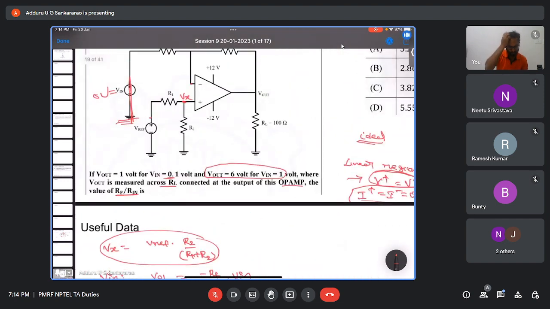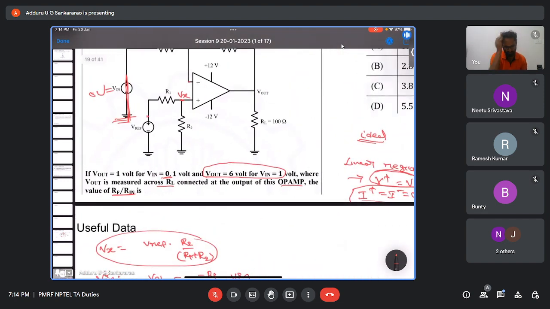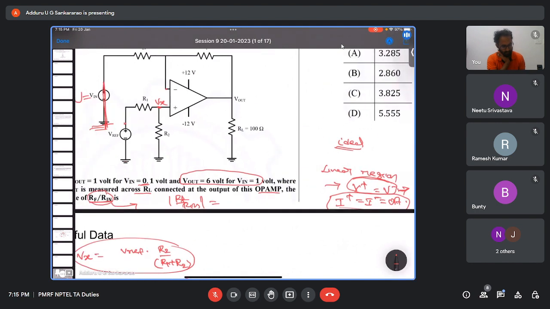We can ignore the negative sign here. Resistances are always positive, right? Even though we are getting negative, you write only the absolute value. So the answer is 5.55.